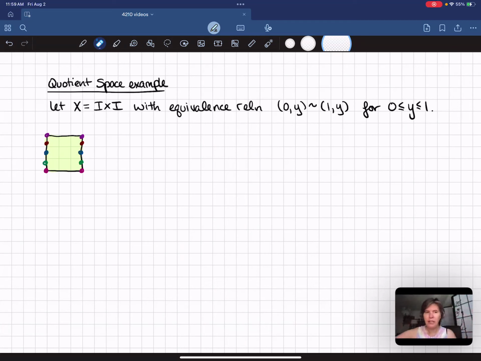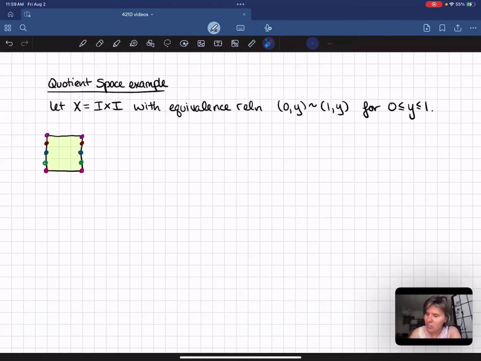So basically, all up and down each side, there are these pairs of corresponding points. Okay? So this point is equivalent to this point, and this point is equivalent to this point, and so on. All right. So what we want to do is imagine gluing those points together.